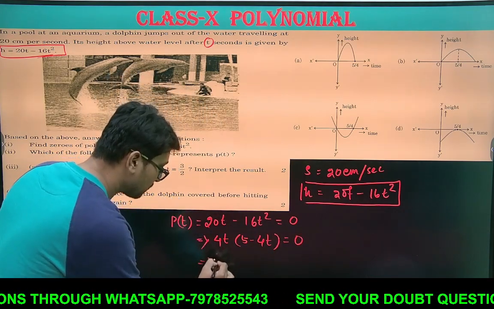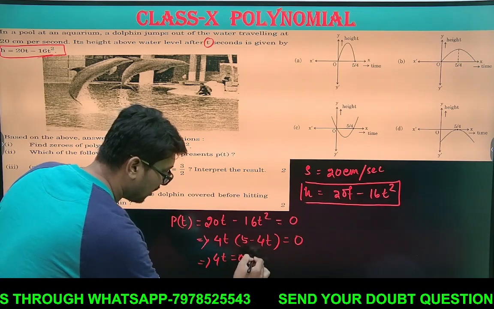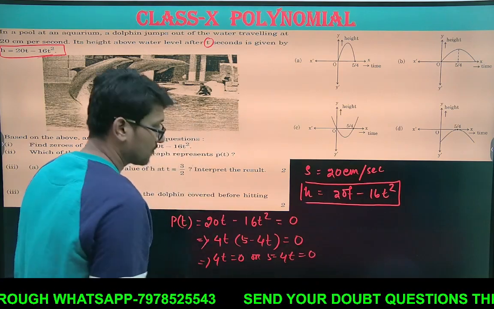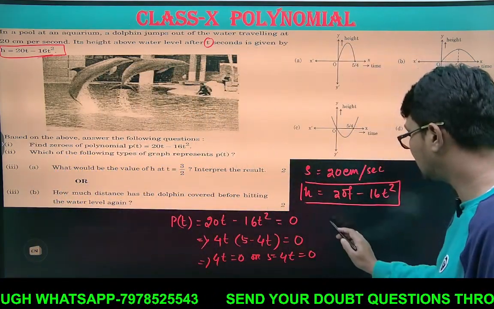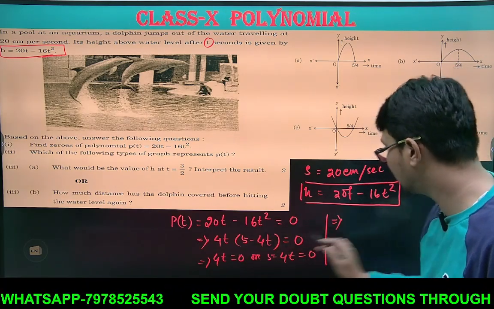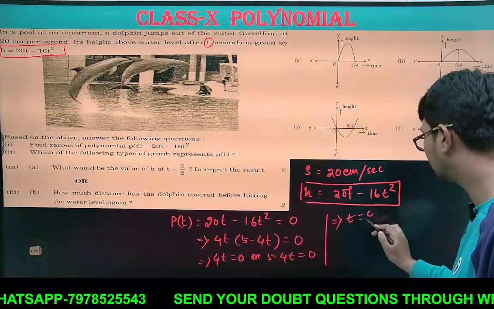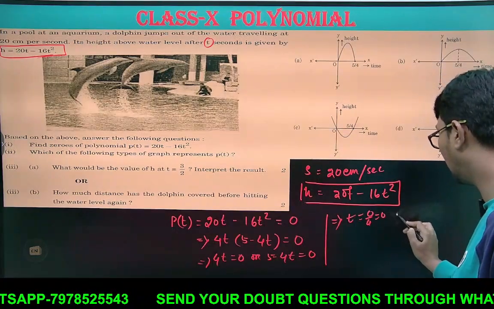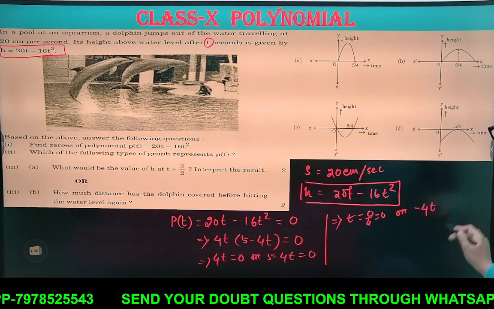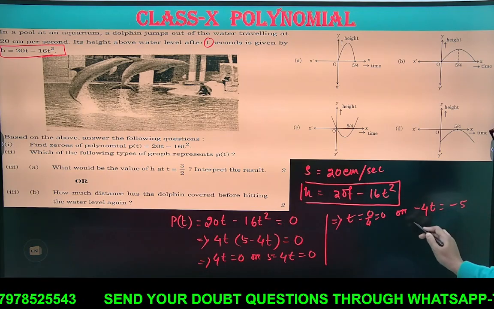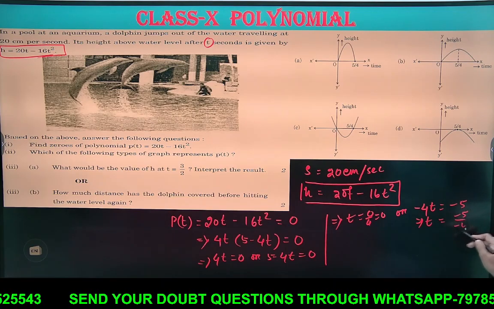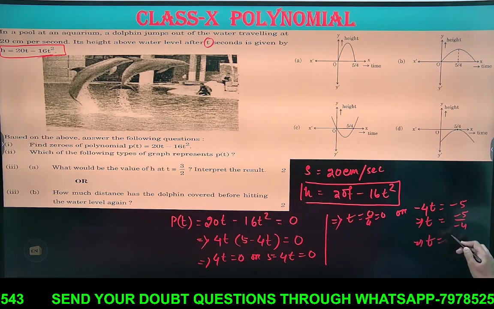It means 4t equals 0 or 5 minus 4t equals 0. From 4t equals 0, t equals 0 by 4, which is 0, or minus 4t equals minus 5, so t equals minus 5 by minus 4. So the value of t is 5 by 4.